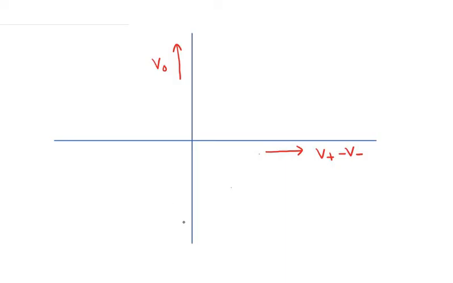The minimum voltage that the op-amp output can have is minus V bias, and the maximum is plus V bias. Between minus V bias and plus V bias, the output of the op-amp varies linearly.